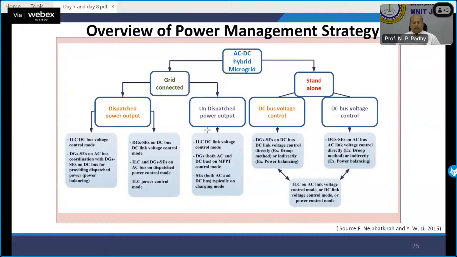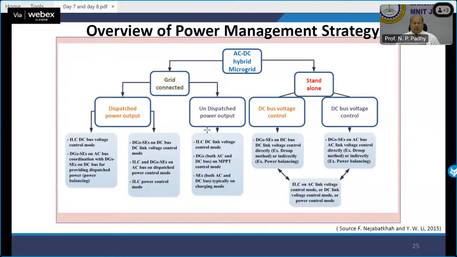So AC-DC hybrid microgrid: one is grid connected, the other is standalone. And the grid connected system is divided into two types. One is dispatched power output, and the other one is undispatched power output. Similarly, the standalone is of DC bus voltage control mechanism or AC bus voltage control mechanism.